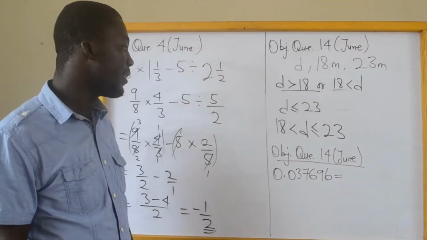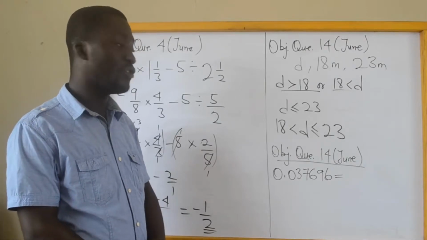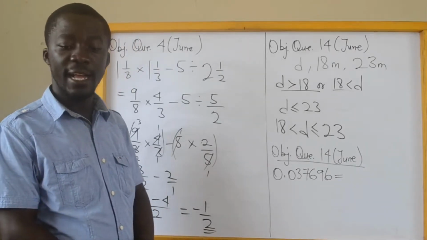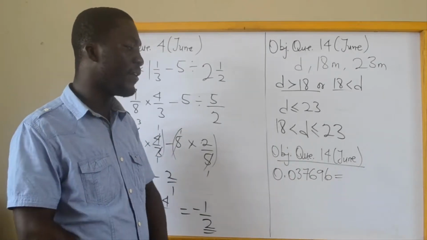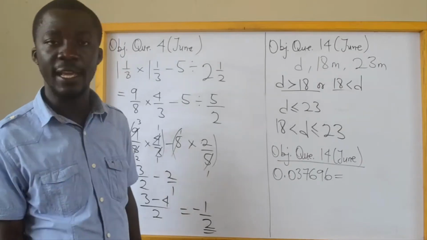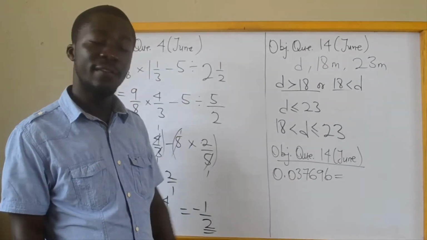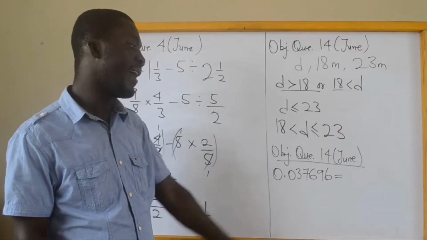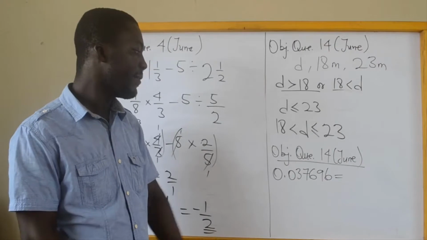To our solution to objective question 14, June. It says that we should express 0.037696 to 3 significant figures. 3 is our first significant figure, 7 second, 6 third, 9 fourth, and 6 fifth.